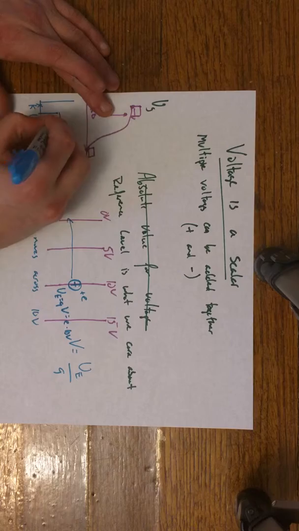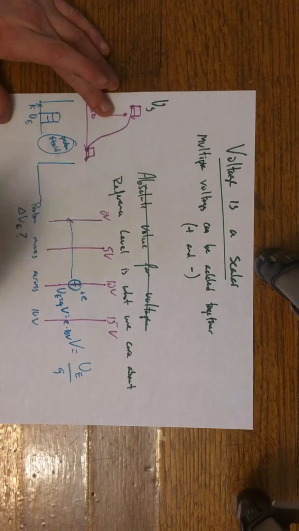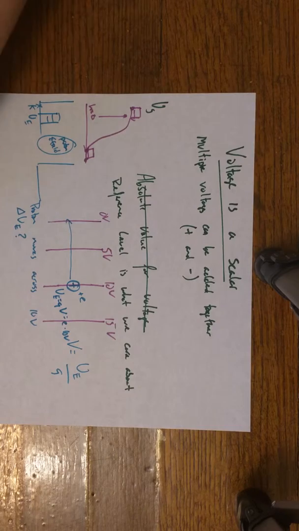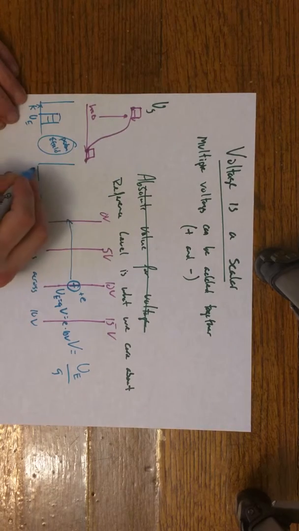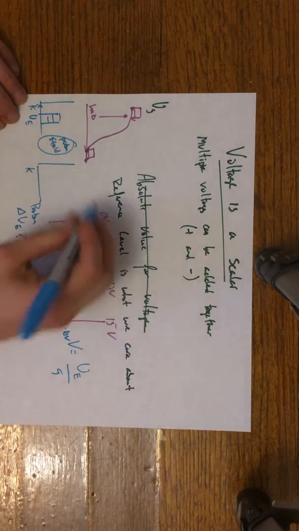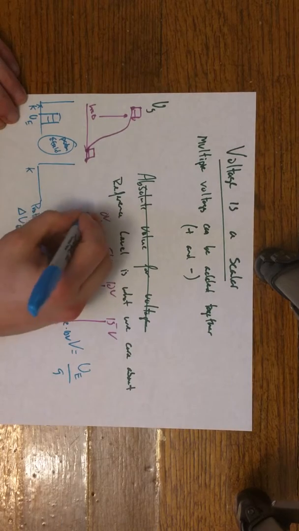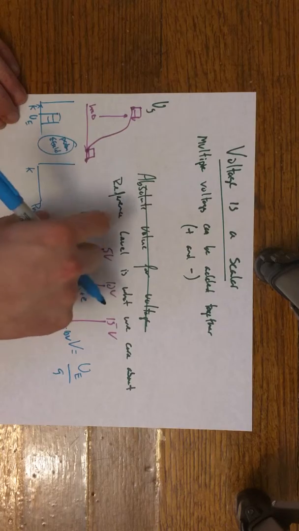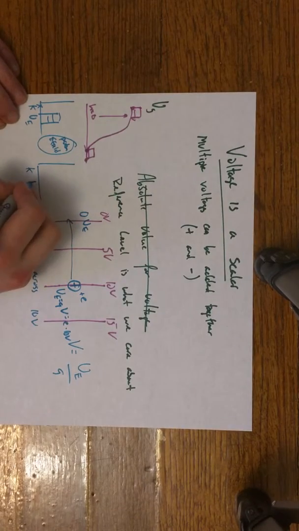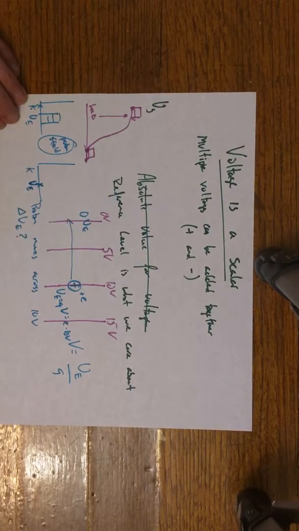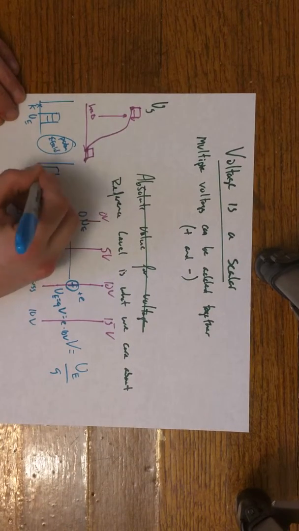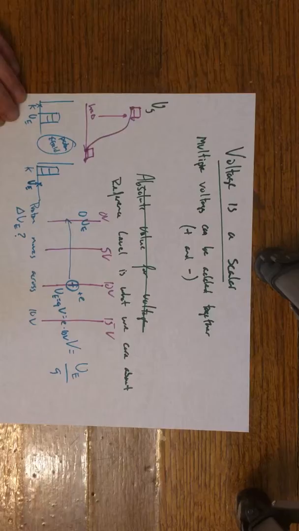So I have some UE, potential due to electric field, and all of that gets converted because when I get over here, now I have 0 UE because I set my reference level to this is 0 volts. So no more potential energy due to electric charge. Instead, all of it is in K.